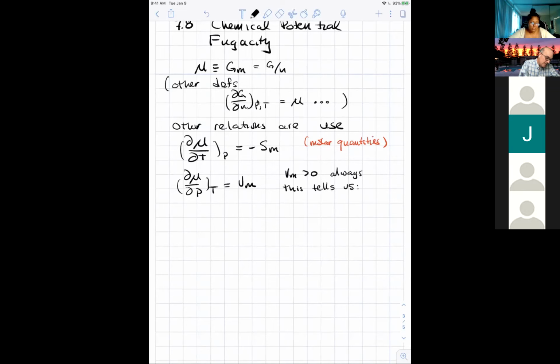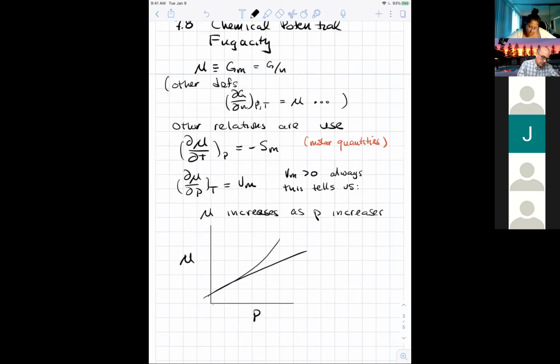This tells us that chemical potential increases as pressure increases. So in other words, we could draw a cartoon figure, right? Right off the bat, mu versus P looks like this, or this, or, you know, we don't know exactly the nature of that curve, but it's increasing.